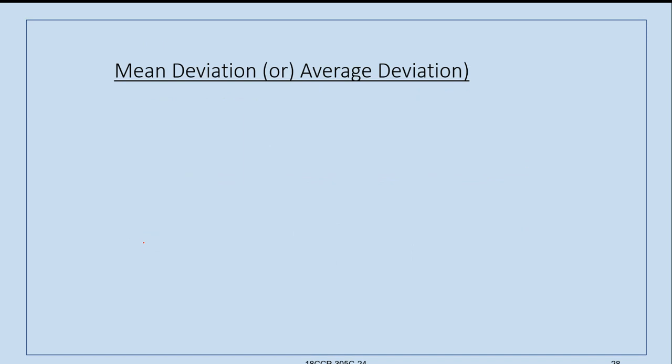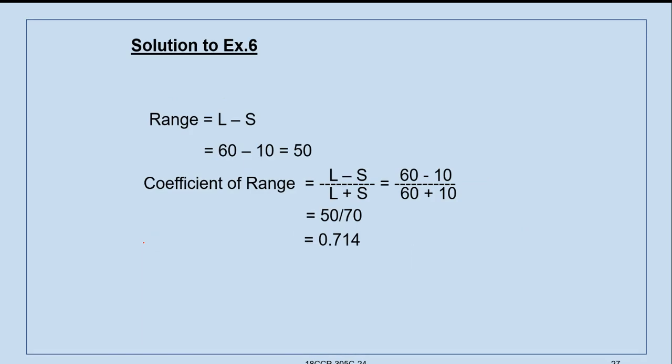So, as usual, range is L minus S, that is 60 minus 10, that is 50. And coefficient of range is L minus S by L plus S, that is 60 minus 10 by 60 plus 10, 50 by 70, that is 0.714. So this is the range and coefficient of range.